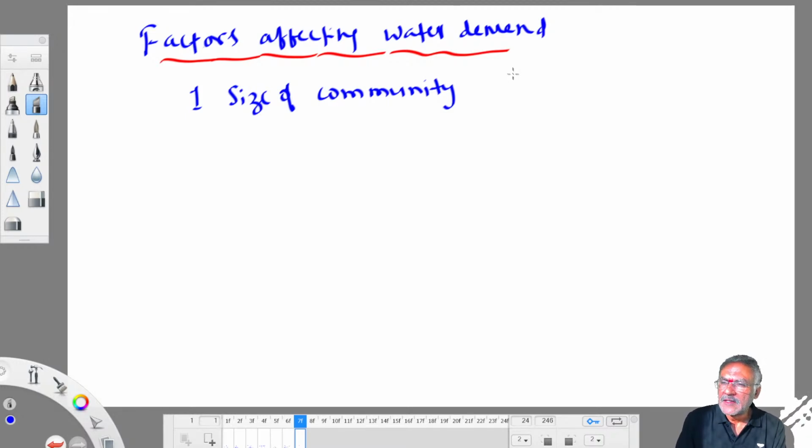Then we also have the firefighting department, so they also need water. So losses and theft, all these things you have to include. But these are all not required for small communities. In a small community, you don't find industry or much commercial establishments around you. Therefore, certain things you can cut short. Size of community influences water demand.